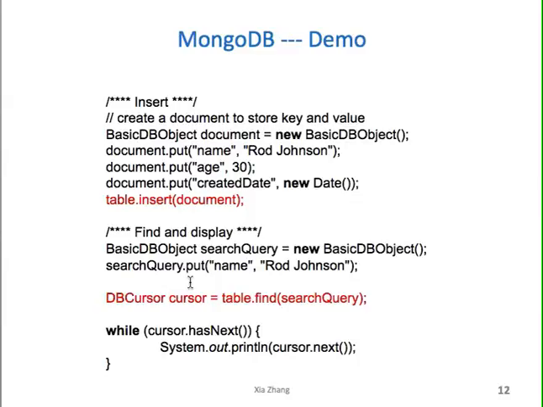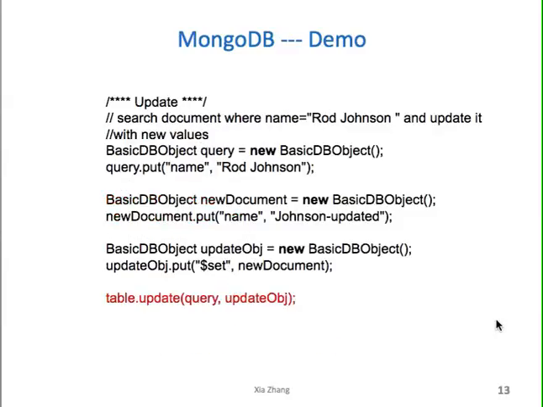To find and display, you create a search query first, and then use the find method. To update a document, you first create this query, and then you store the field you want to update into a BasicDBObject, and then use the update method to update that field.